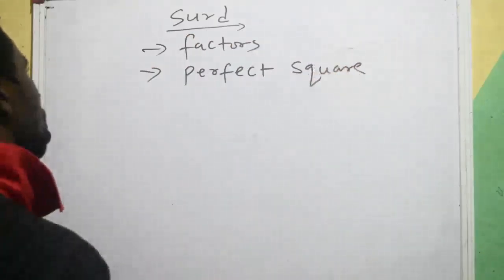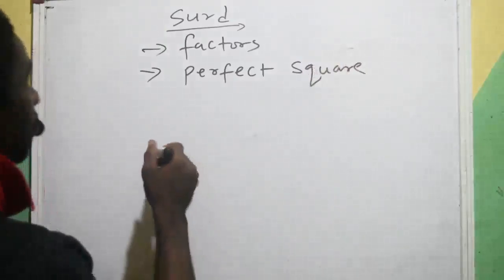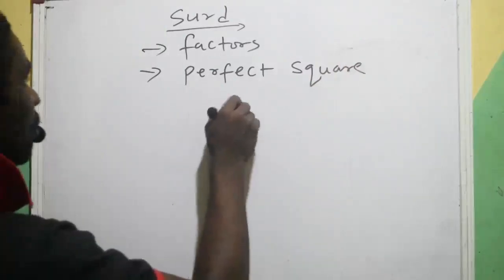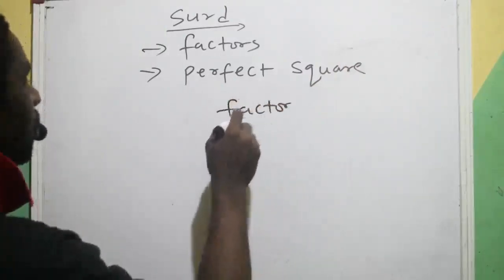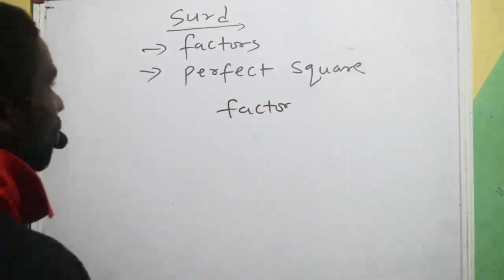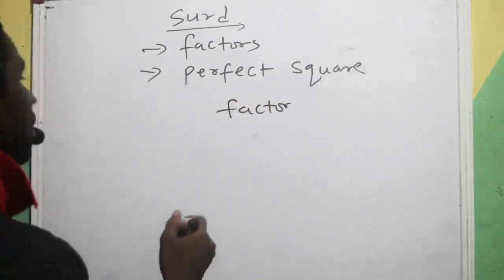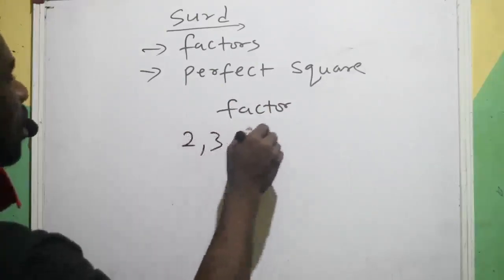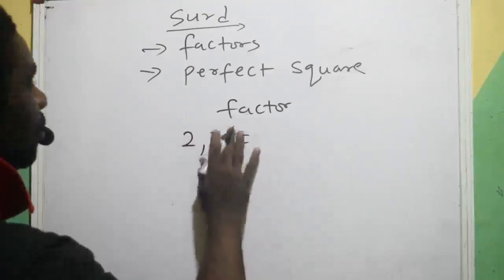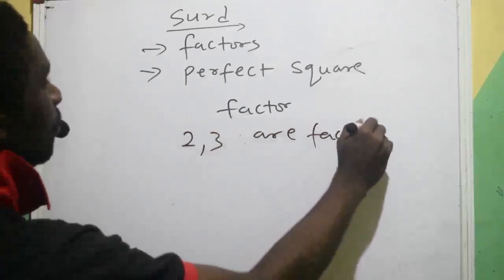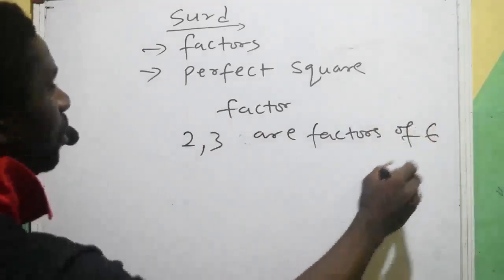And the question is, what is a factor? If you want to know factors better, a number is said to be a factor if that number is divisible by a particular number. For instance, 2 and 3 are factors of 6.